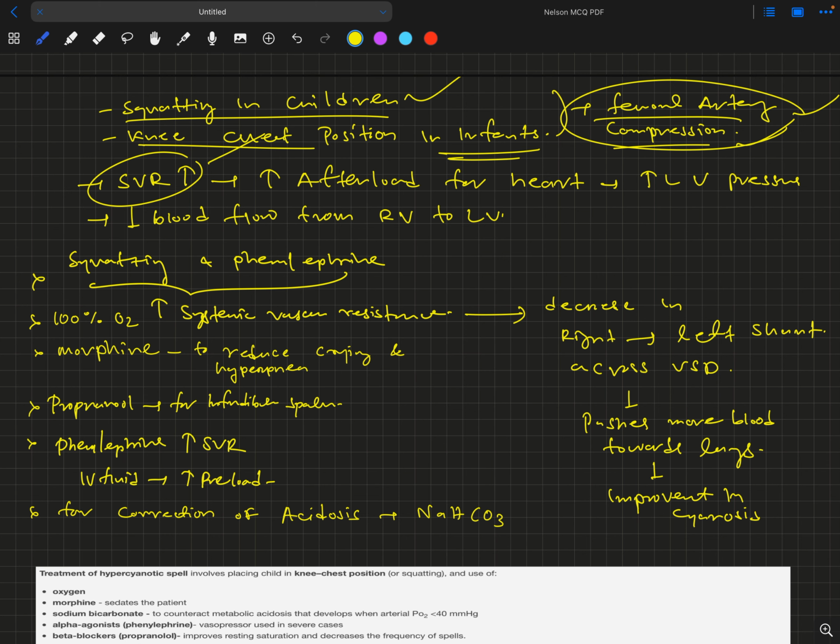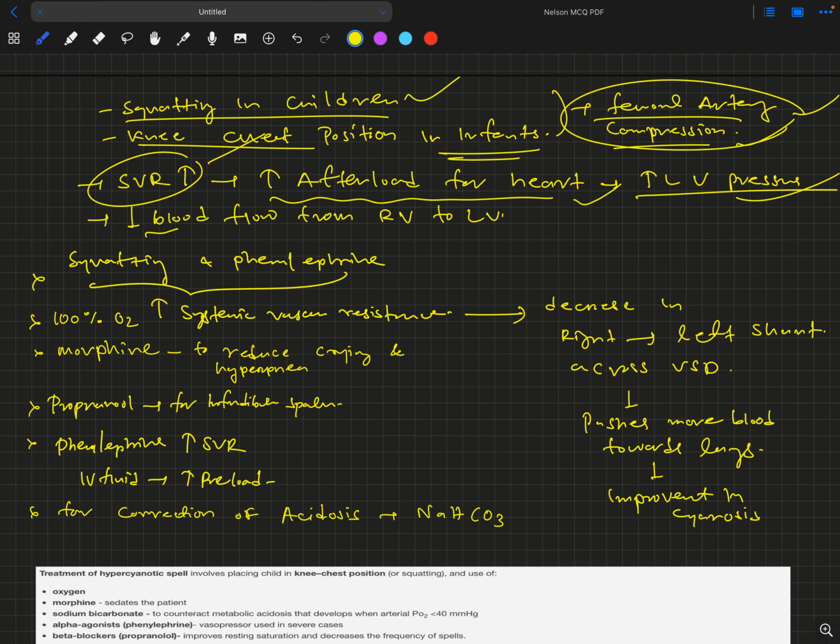When the systemic vascular resistance increases, afterload for the heart increases, so there will be a rise in LV pressure. Now less blood from the right ventricle will come to the left ventricle, because the LV pressure is also increased. That will relieve some of the cyanosis, because the blood coming from the right side to the left side was all deoxygenated blood.